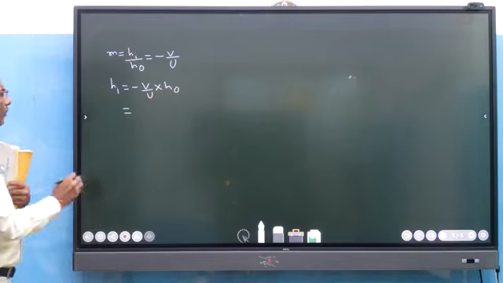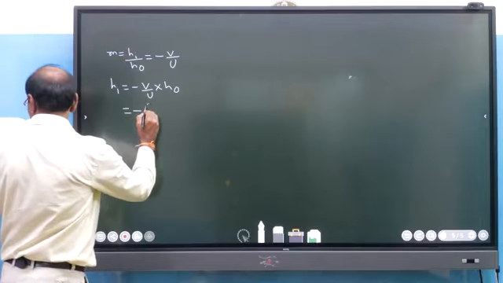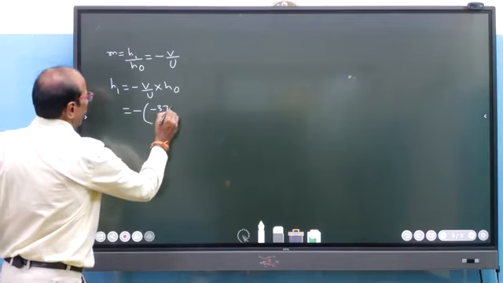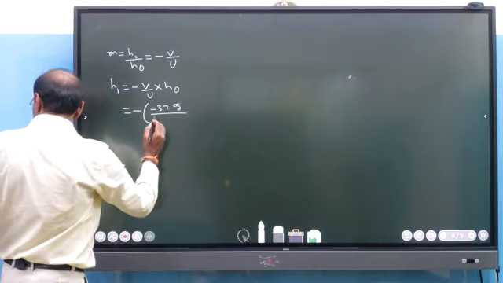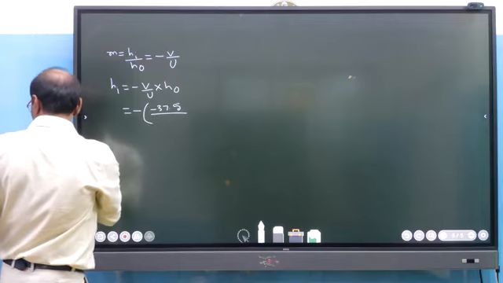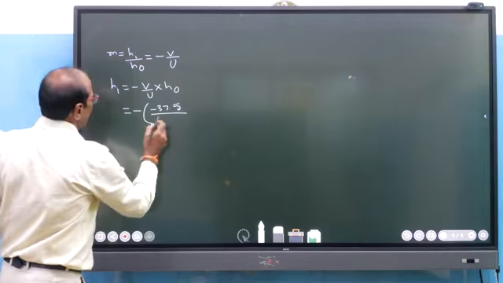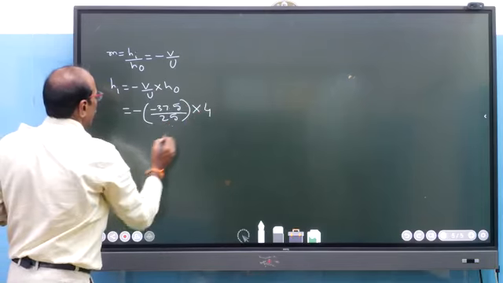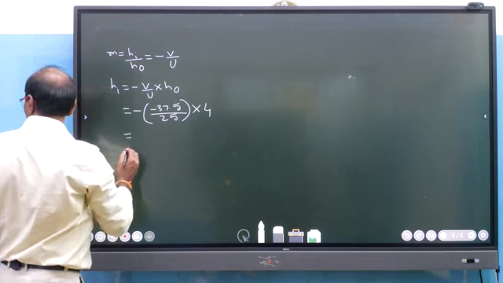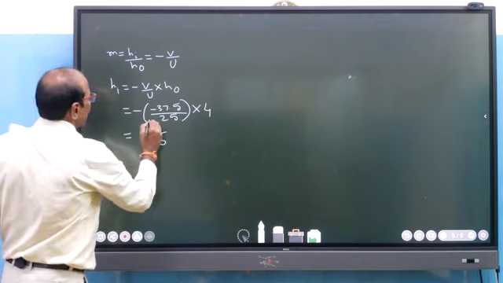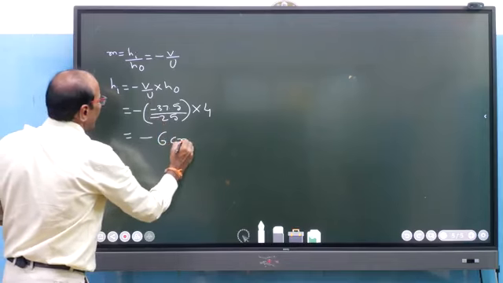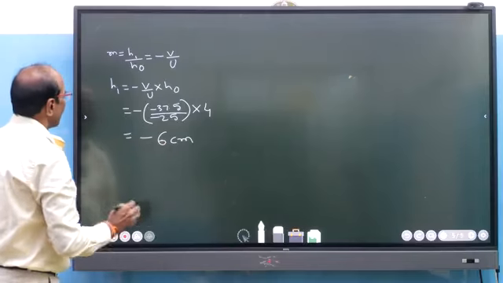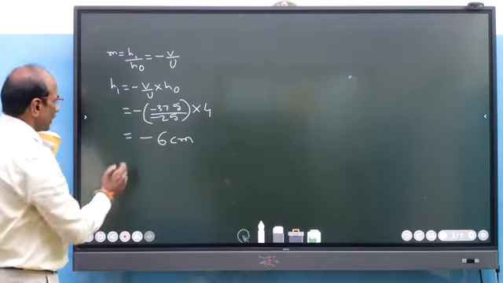Minus v is minus of minus 37.5, divided by u, which is minus 25 centimeter, into height of the object, which is 4. So you will get minus 6 centimeter. So the height of the image equals minus 6 centimeter.